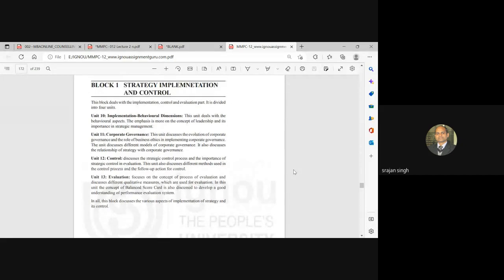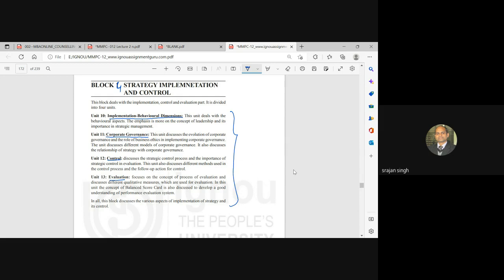So this is block 4. In block 4, strategic implementation and control, we shall be discussing implementation, behavioral dimension, in unit 11, corporate governance, and control and evaluation. There is a lot to be discussed in block 4.